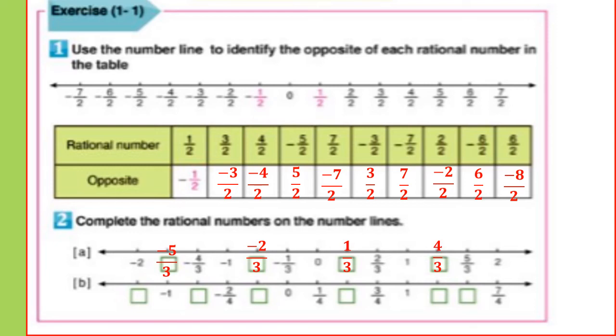Second number line, the denominators equal 4. So between 0 and -2/4, we have -1/4. Between -2/4 and -1, we have -3/4. And we have -5/4 next to the number -1.